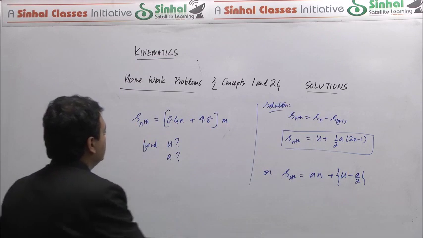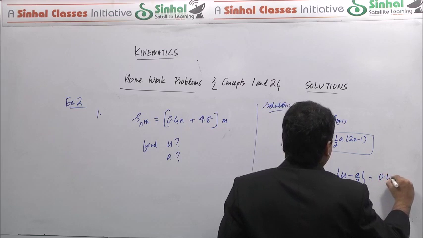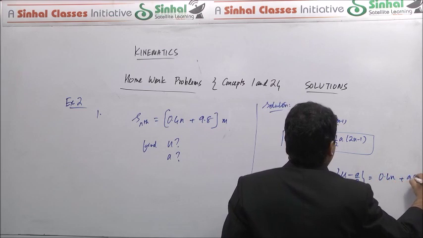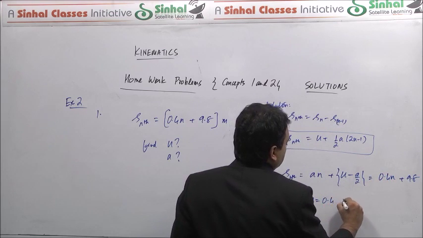Okay, so comparing this equation with this, you can see that that is 0.4n plus 9.8. Okay. Therefore, a is equal to 0.4.